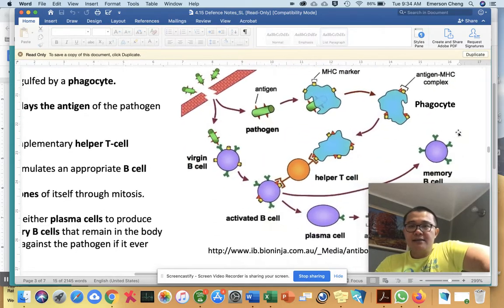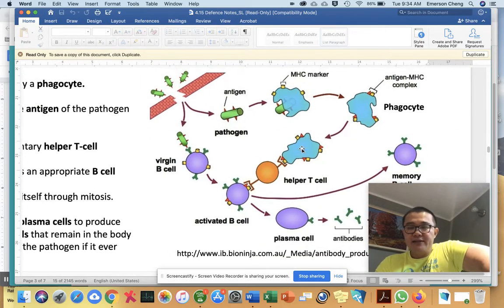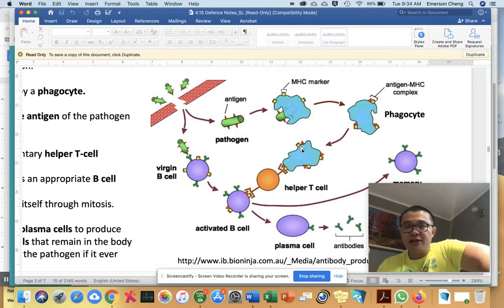So if it is a pathogen that you never encountered before, like the coronavirus, it takes a number of days for your specific immune system to kick in, because you never have any memory B cells.